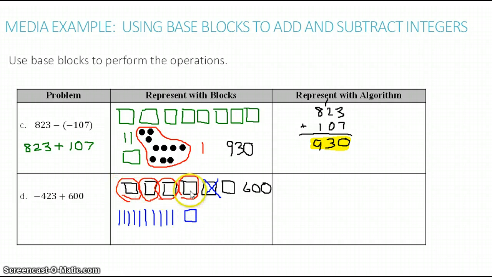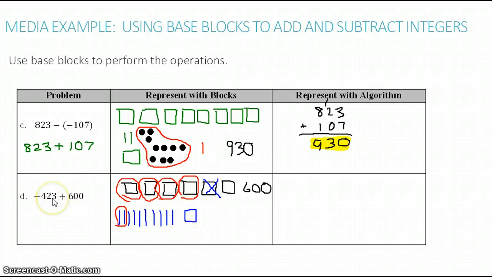So now we've taken away 4 flats, we've traded a flat for 10 rods, and we have another flat. Now we can take away 2 rods. So let's circle that. And we have 8 rods and 1 flat left.